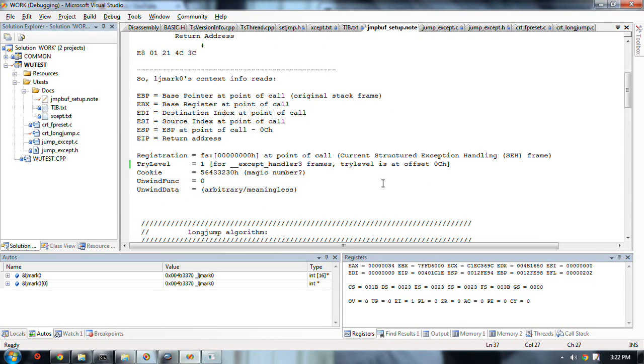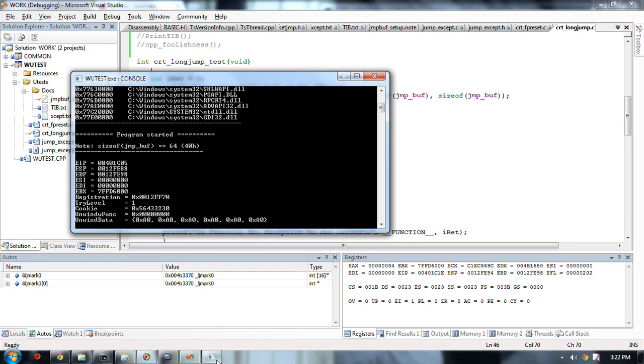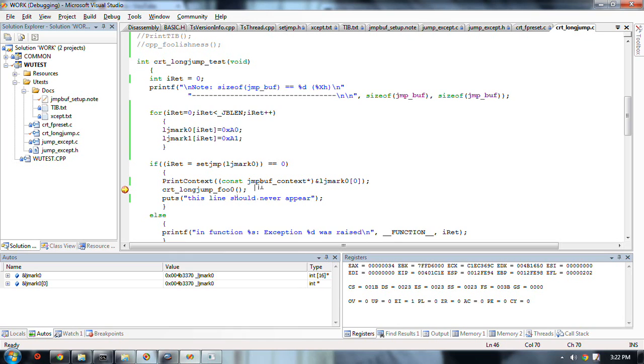SEHF, first structured exception handling frame. And that's meaningless, and it should be, because we haven't got there yet. Try level, this I think comes from the operating system. Cookie, meaningless, unknown. BX, I don't know why it has this value, it just randomly was equal to that.